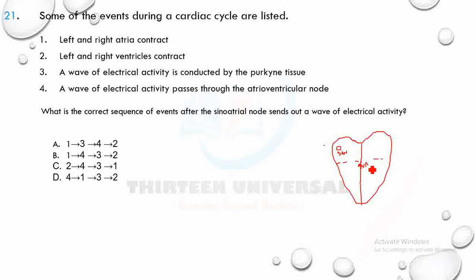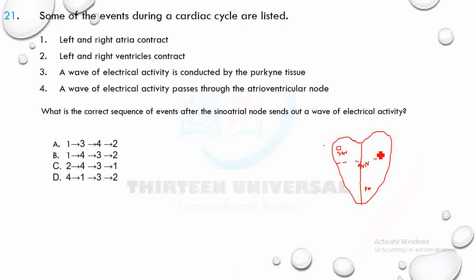That's the atrioventricular node. Then from the AVN down to the apex, the impulse is carried by Purkyne tissue. The Purkyne tissue now carries it upward. So immediately, the SAN generates electrical impulses.